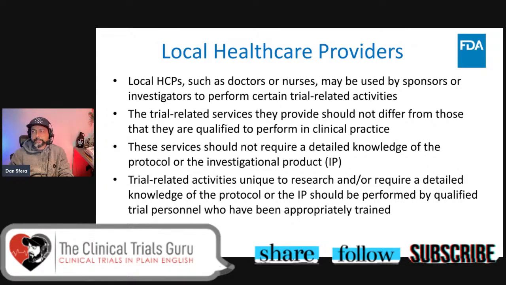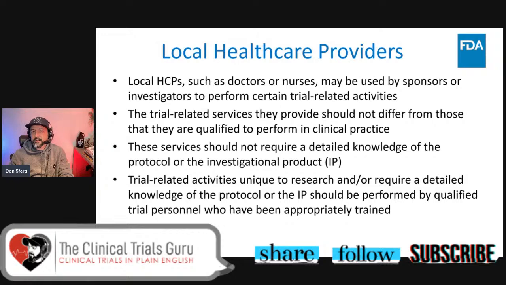The issue is paying those staff, because if it's a local healthcare provider, what's the difference between paying them to do this virtually versus just paying them to do this in person?